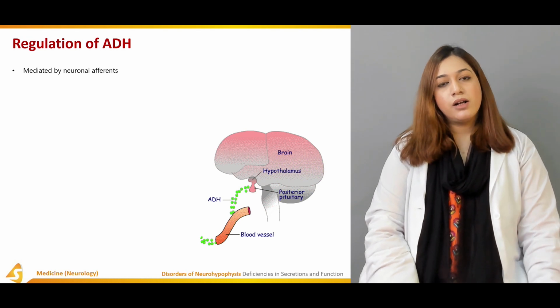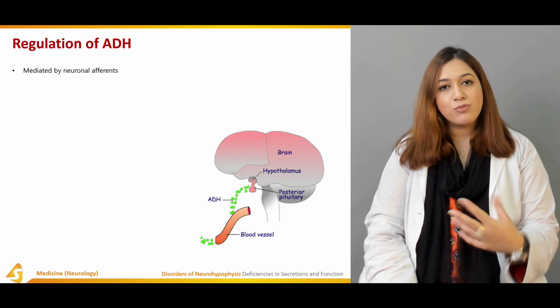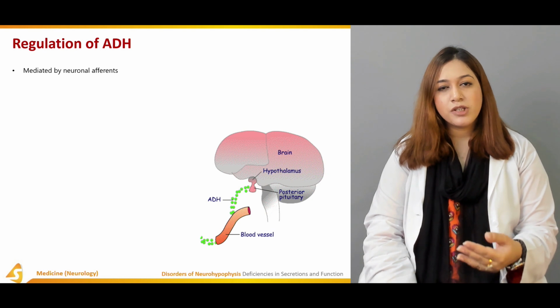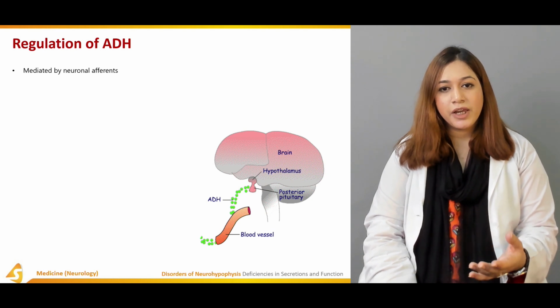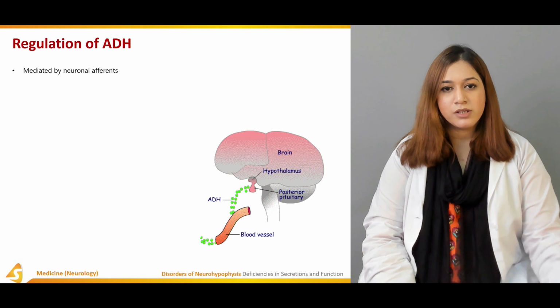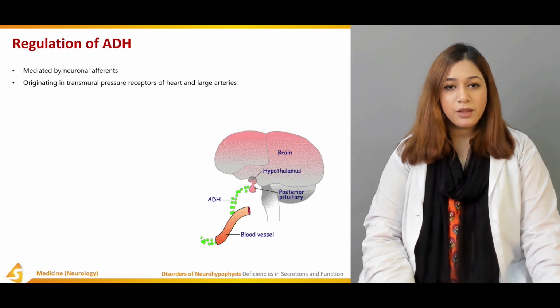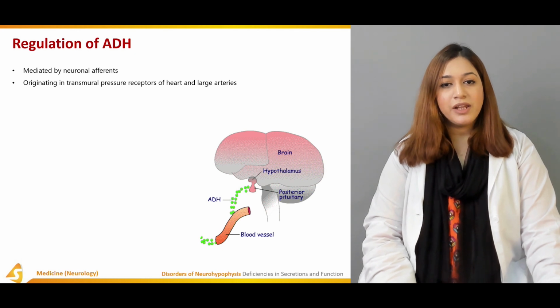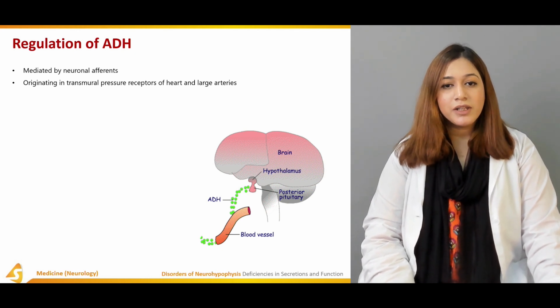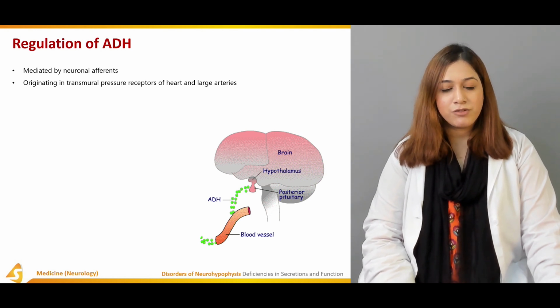Now, how are these osmoregulatory systems or these osmoreceptors responsible for regulating ADH? What happens in the process? These are basically mediated by neuronal afferents. These neuronal afferents originate in the transmural pressure receptors, and they are found in the heart and large arteries.